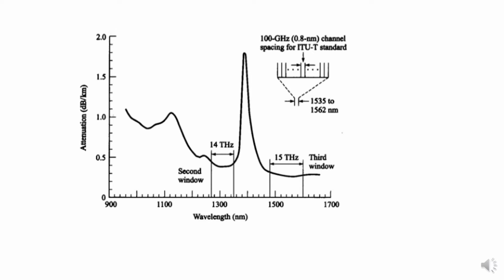These two windows support approximately 30 terahertz, and this optical window range has reasonably low loss. These are specified by the ITU-T G.692 standard, that is, the International Telecommunication Union standard.